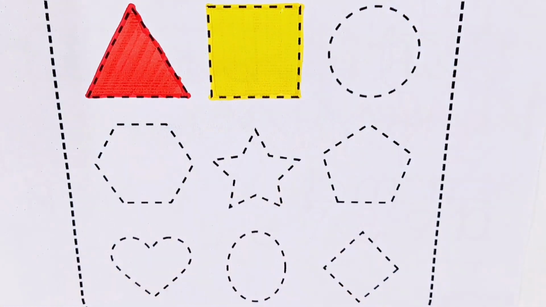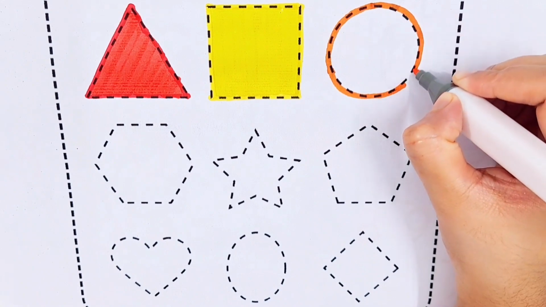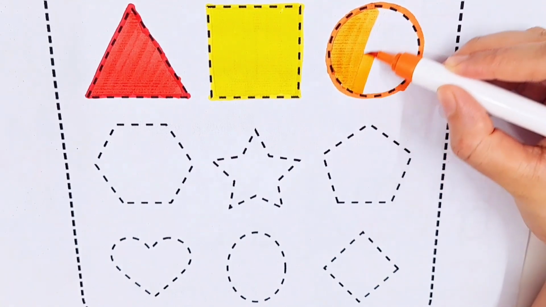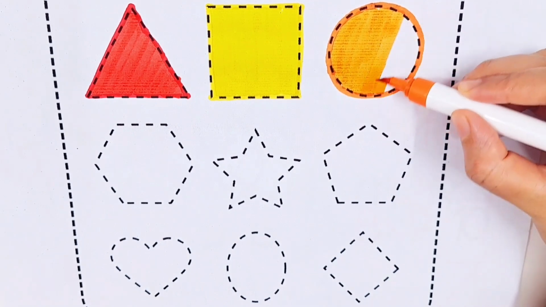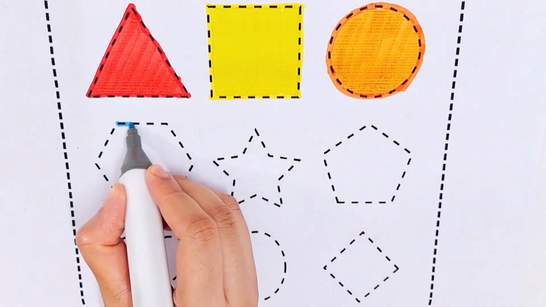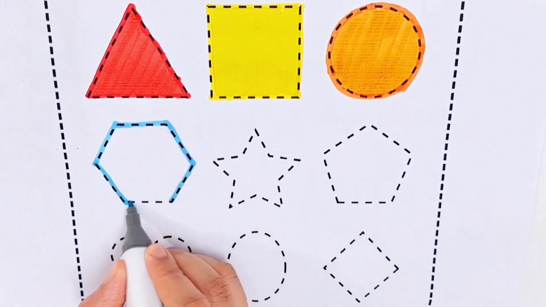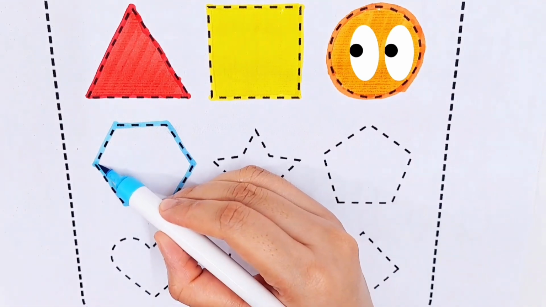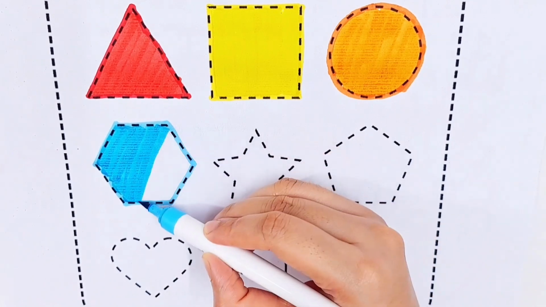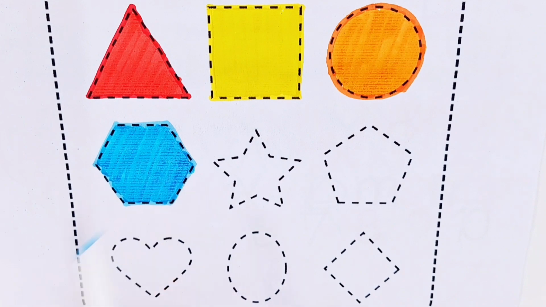Circle. Orange color. Hexagon. Sky blue color.